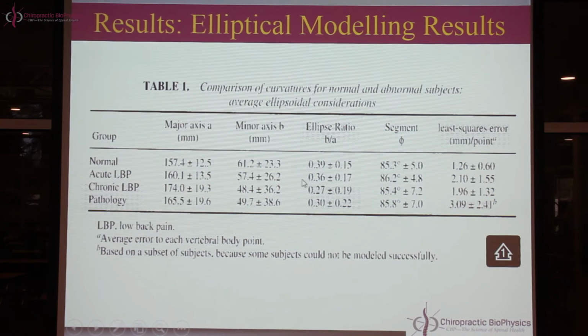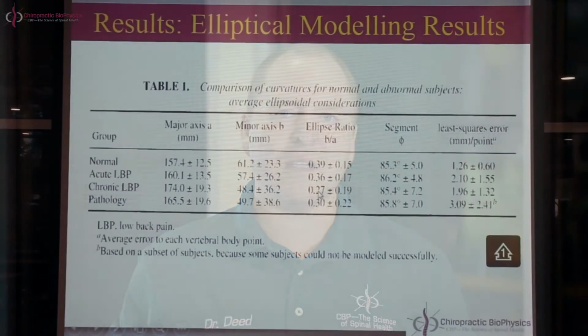Now of interest, from the inferior body of T12 to the top of S1, the acute low back pain subjects actually look like they have a flattened ellipse too. However, if I include the whole sacrum and the whole T12, we'll see it's a little bit different, but that's coming up. So right here, elliptical ratios, the B over A ratio, statistically significant differences.